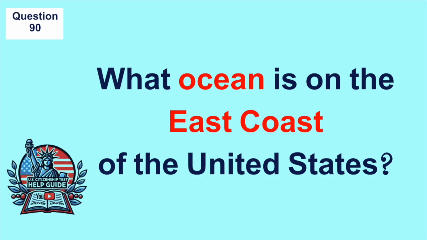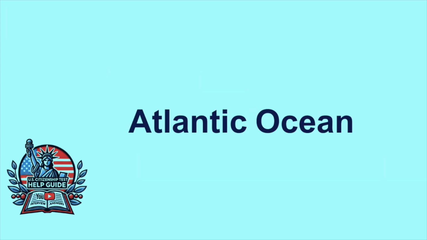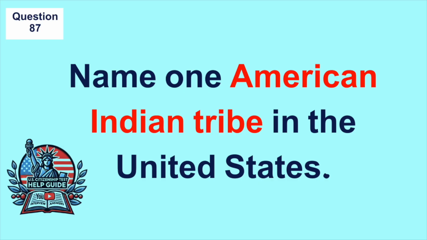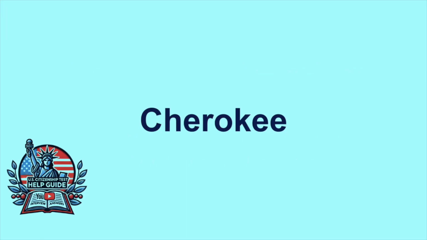What ocean is on the east coast of the United States? Atlantic Ocean. Name one American Indian tribe in the United States. Cherokee.